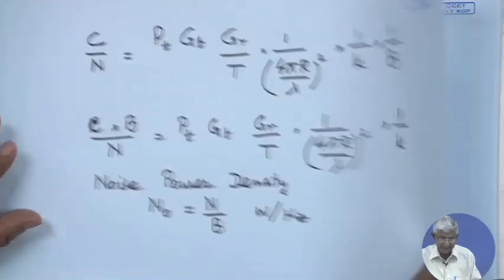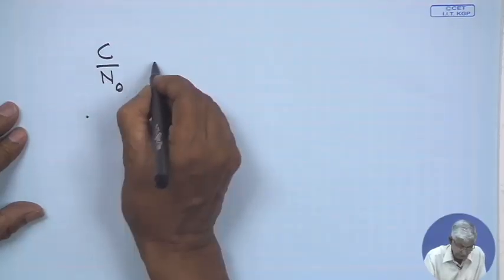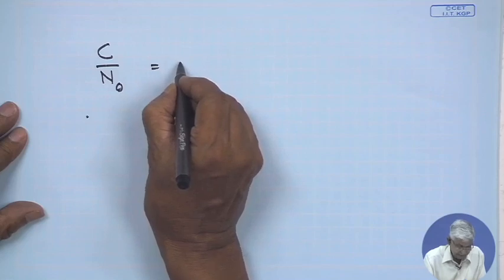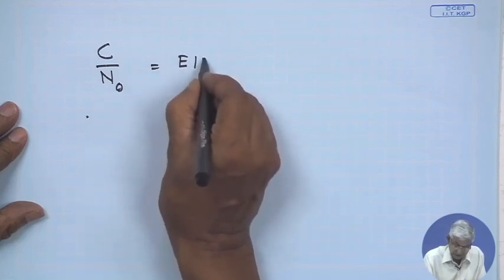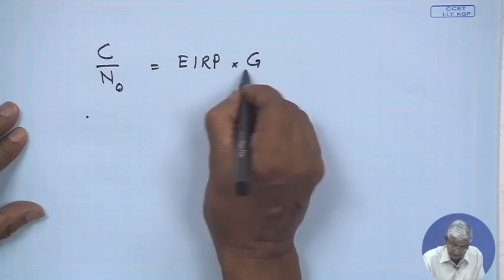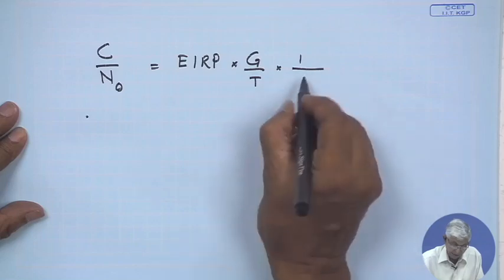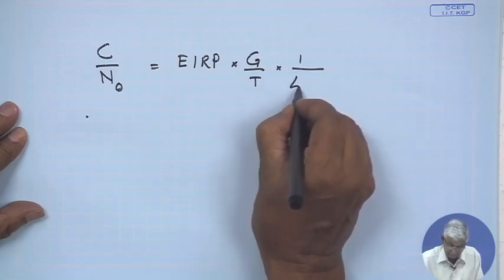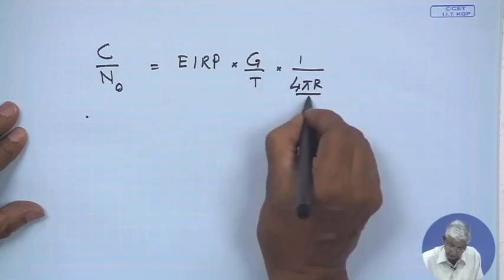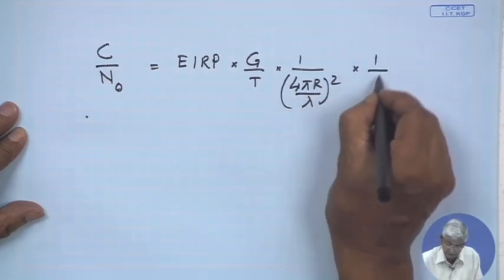Then let us rewrite and see how it looks. So it will look like C by N0, that is equal to EIRP multiplied by G by T multiplied by 1 by (4 pi R by lambda) whole square, which is the loss, multiplied by 1 by k.